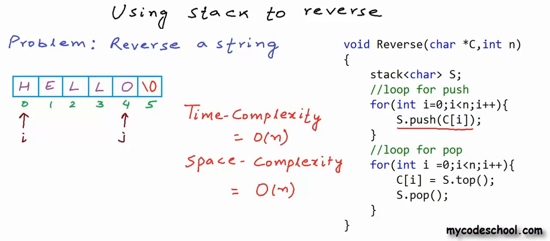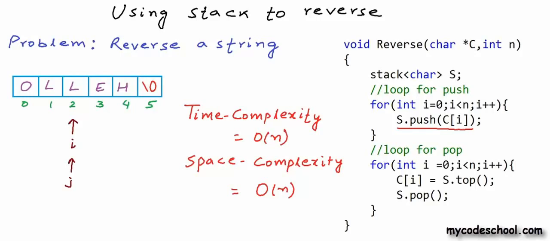While i is less than j, we can swap the characters at these positions. And once we have swapped, we can increment i and decrement j. If i is less than j, we can swap again. And once again increment i and decrement j. Now i is not less than j, i is equal to j. At this stage we can stop swapping and we are done.